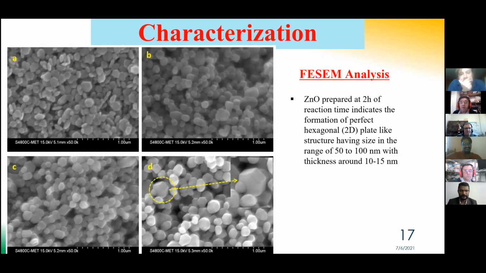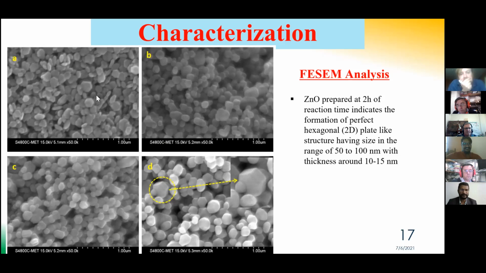Can you say anything about sample orientation, or maybe this is not important for you? I think you are asking about the orientation of this zinc oxide material. Yes, but as I understand, you have preferential orientation, yes or not?